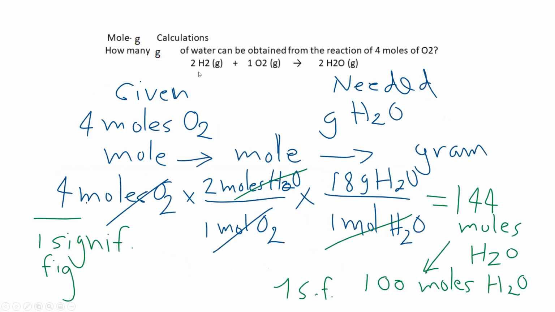In this case, you begin from 4 moles of oxygen, and you need to know the grams of water. Then you have to go from mole to mole, and from mole to gram. The first part is the same one that we have seen before, but now you have to go from moles of water to grams of water.